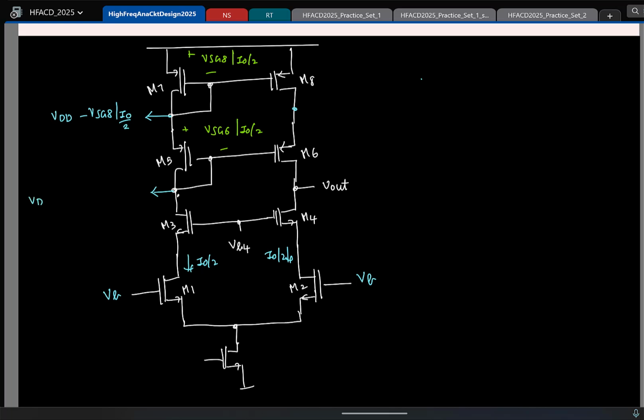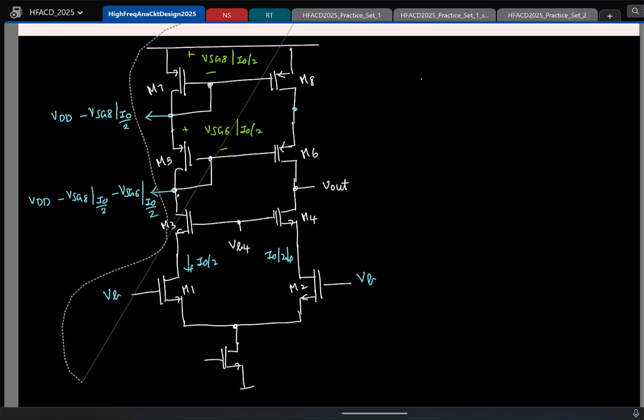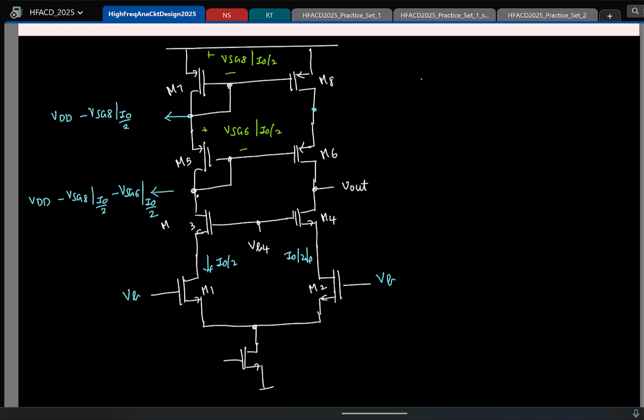So this will be VDD minus VSG8 at I0 by 2 minus VSG6 at I0 by 2. Fine. Here I will give finding the input common mode range as an exercise. Please work it out.